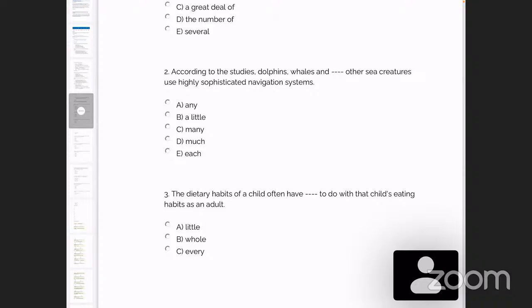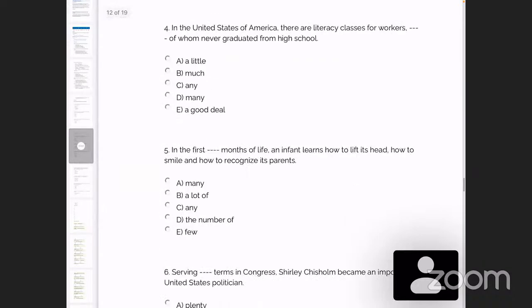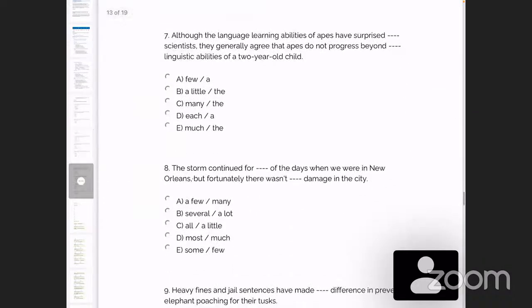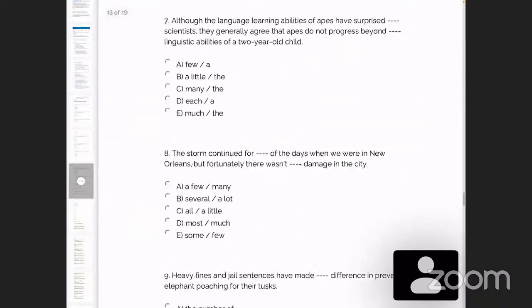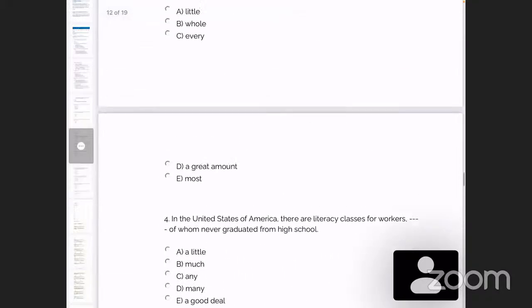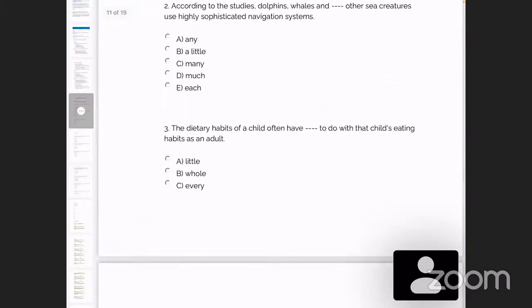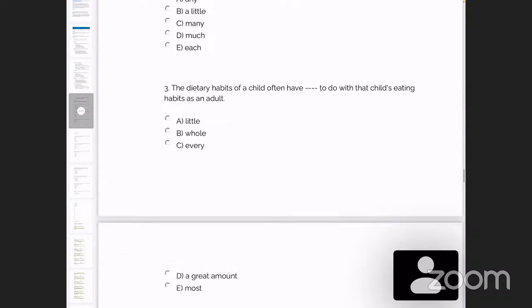Let's see. Okay, so we were here. The dietary habits of a child often have little to do with that child's eating habits as an adult.